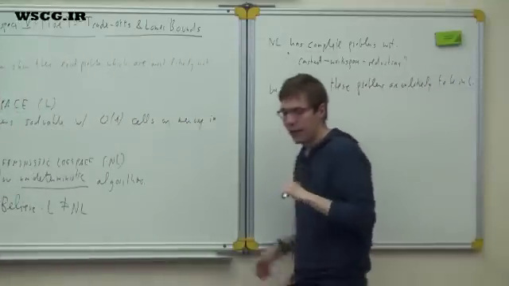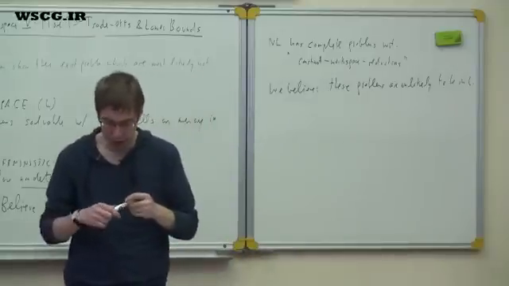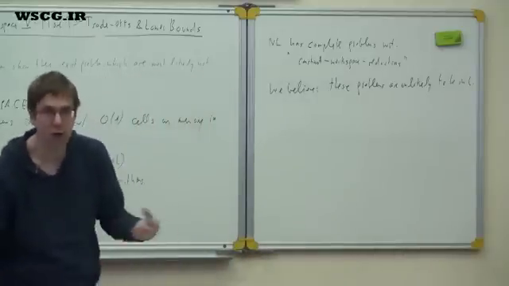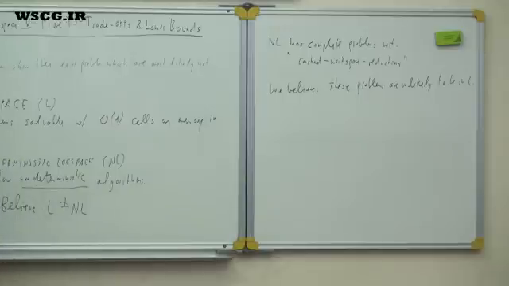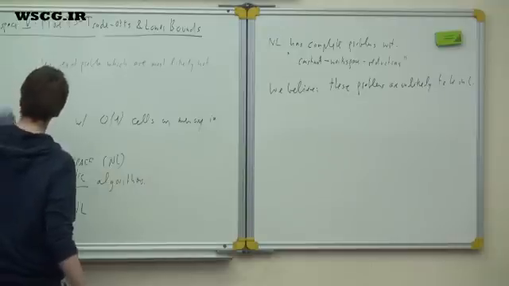Let me give you one example. What is one of those problems for which we believe that they do not have constant workspace algorithms? Here's one example, but there are many more.